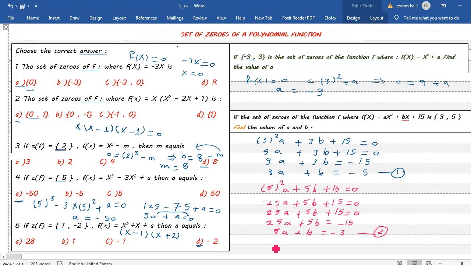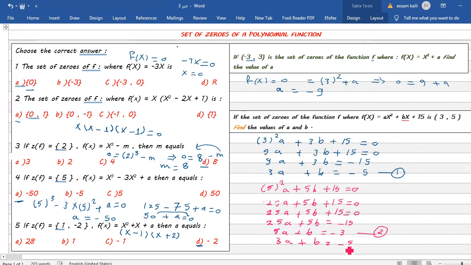Solve the two equations in two variables a and b by using the elimination method or substitution method. Rewrite equation number 1: 3a plus b equals negative 5.